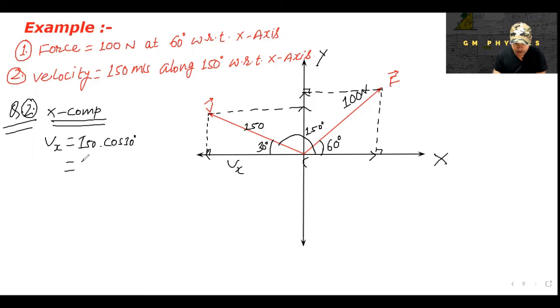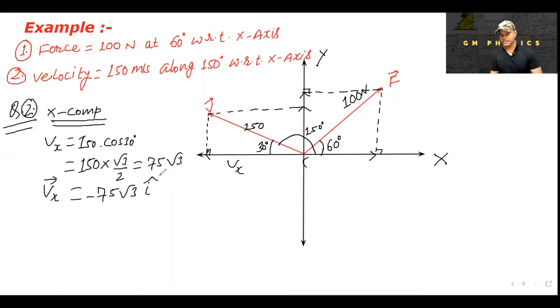So 150 into cos 30, cos 30 is √3/2, so that is 75√3. So Vx vector is equal to 75√3 minus i cap, because it is along negative x-axis. Vx vector means the x component of the velocity vector.